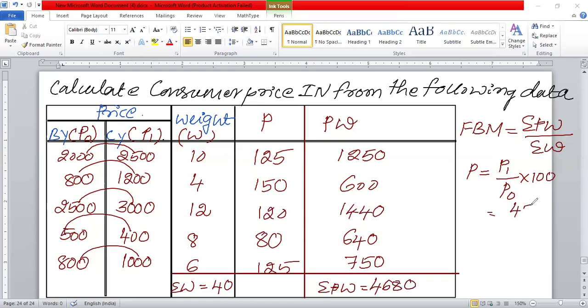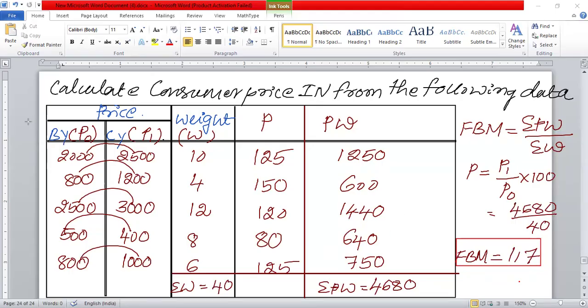Therefore, 4680 divided by 40. Finally, family budget method is equal to 4680 divided by 40. So 117. Yes. So this is the answer for consumer price index number. If weight is given, definitely we have to apply family budget method. There's nothing but weighted. So be careful.